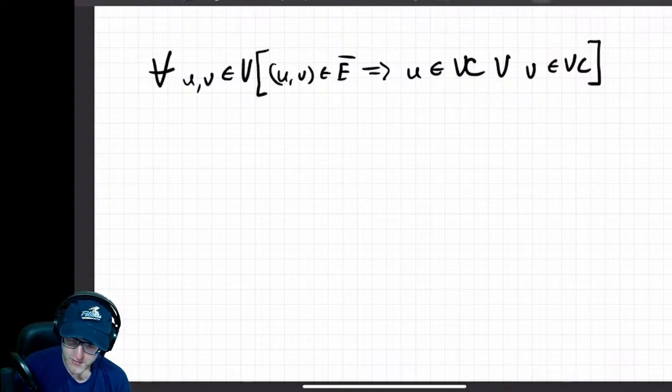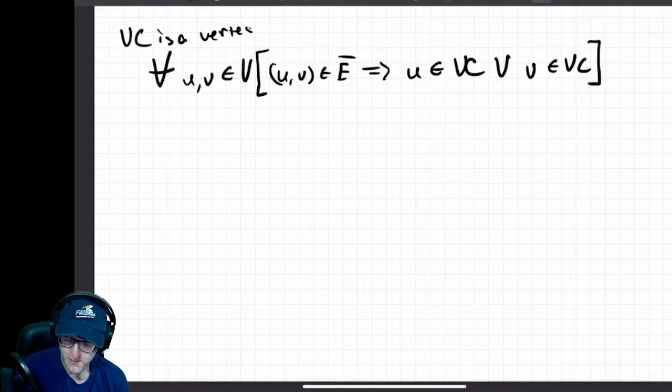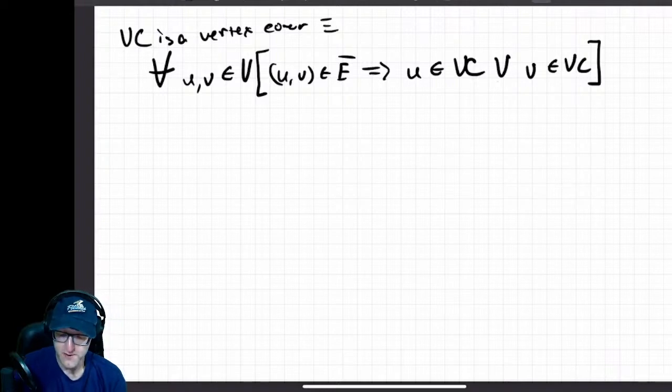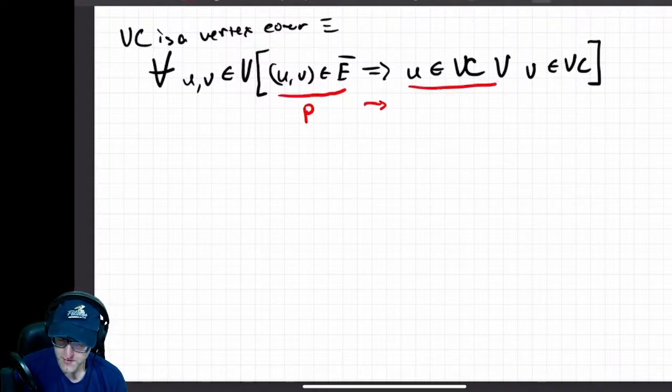All right. So there's the definition of VC. VC is a vertex cover is equivalent to this logical definition right here. Now I'll annotate this. This is the premise. This is the implication, and this entire thing is the conclusion.